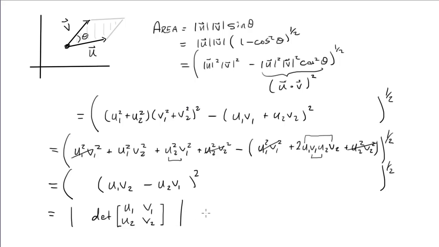Thinking now of u and v as tangent vectors, or columns of a transformation from R2 to R2, it's the absolute value of the Jacobian, just like before.